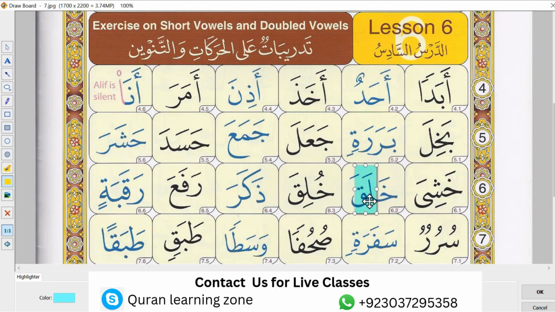You read this word very carefully because the first letter is bold and the second letter is light. Lam is a light letter and the third one is here Qaf, and Qaf is also a bold letter. Okay, you read like that, Khalaqa. And the next one same, Kha Pesh Khu, Lam Zir Li, Khuli, Qaf Zabar Qa, Khuliqa.